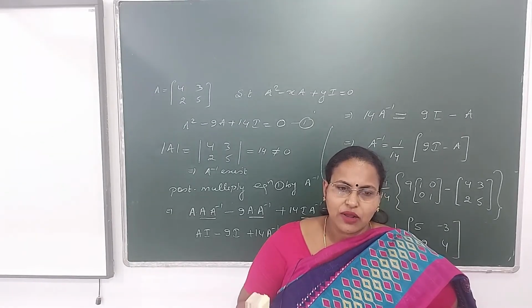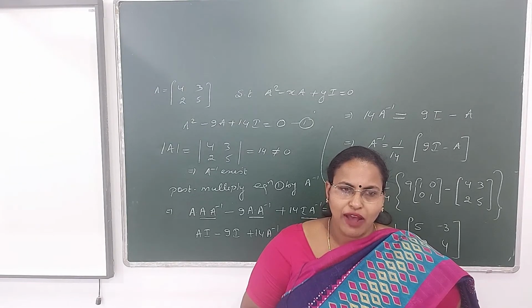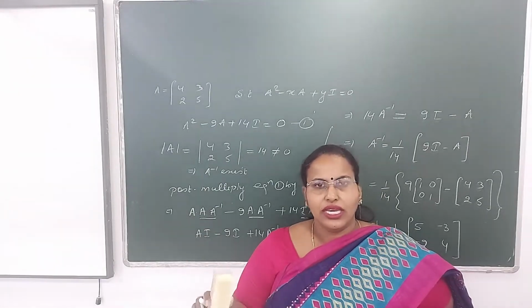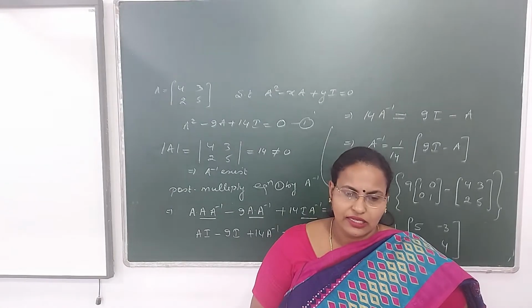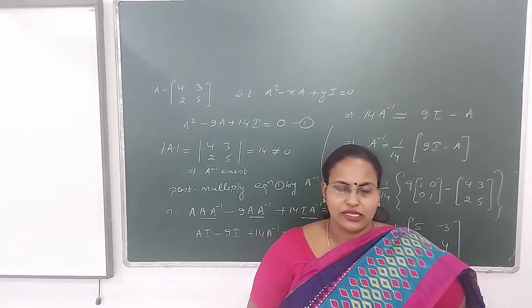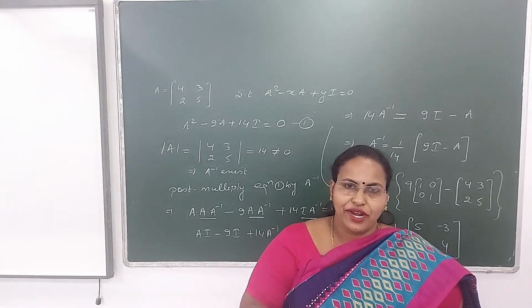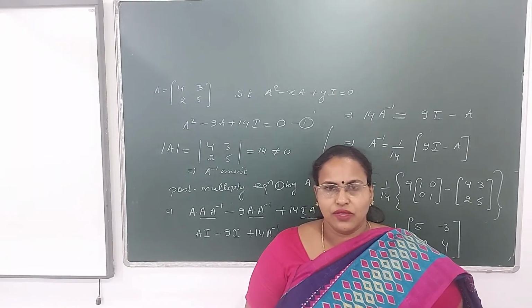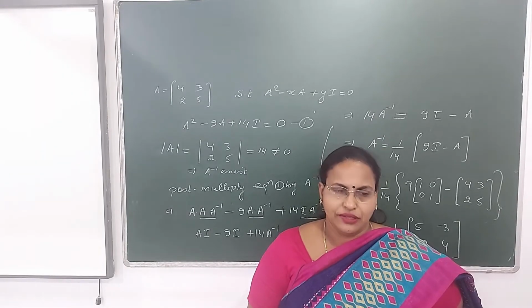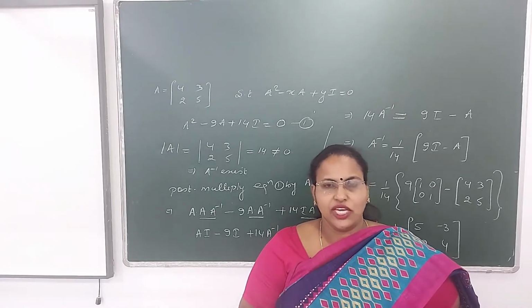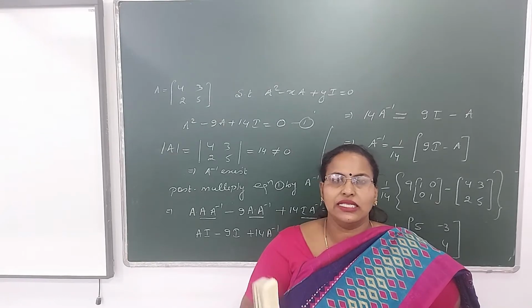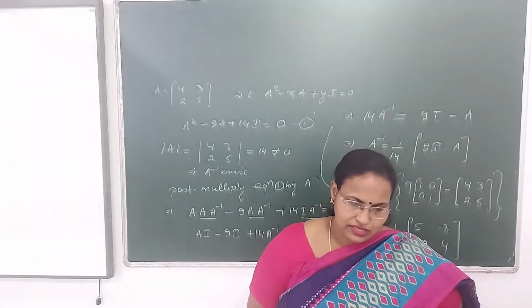Now for this particular question, you have to use all the concepts you have learned in matrices and determinants. Like you have to find the determinant of the square matrix. You have to find A inverse. For A inverse you will find the adjoint, then matrix multiplication is required here, and lastly you will be applying the concept of equal matrix.